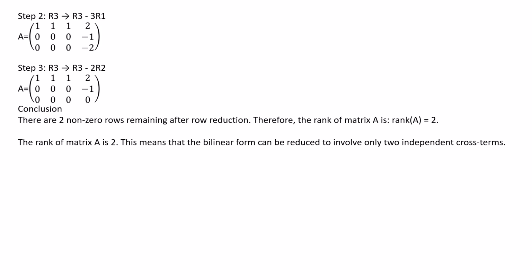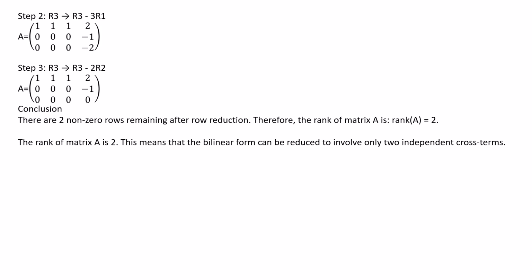So there are two non-zero rows remaining after row reduction. Therefore, the rank of that matrix is 2, because we were able to reduce it to two non-zero rows after row reduction.